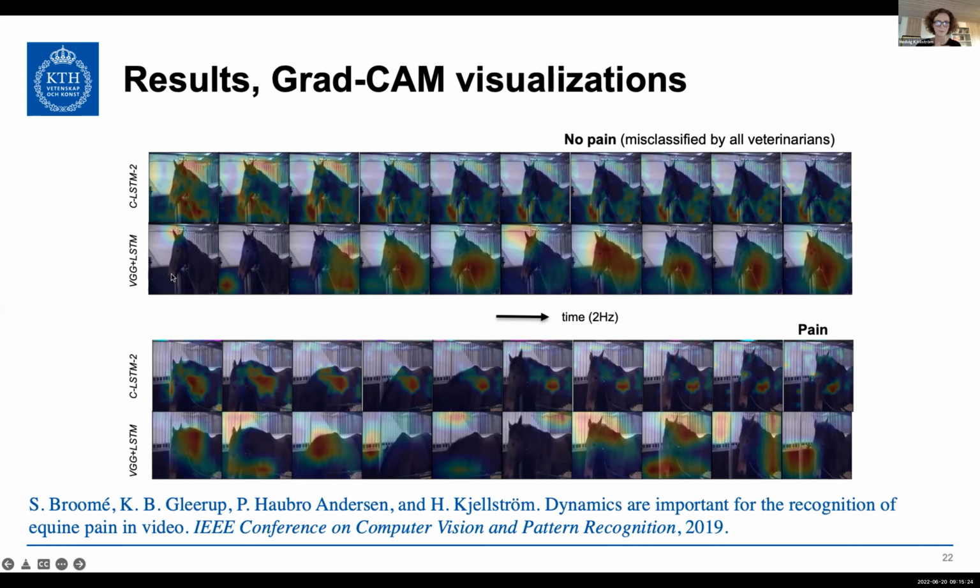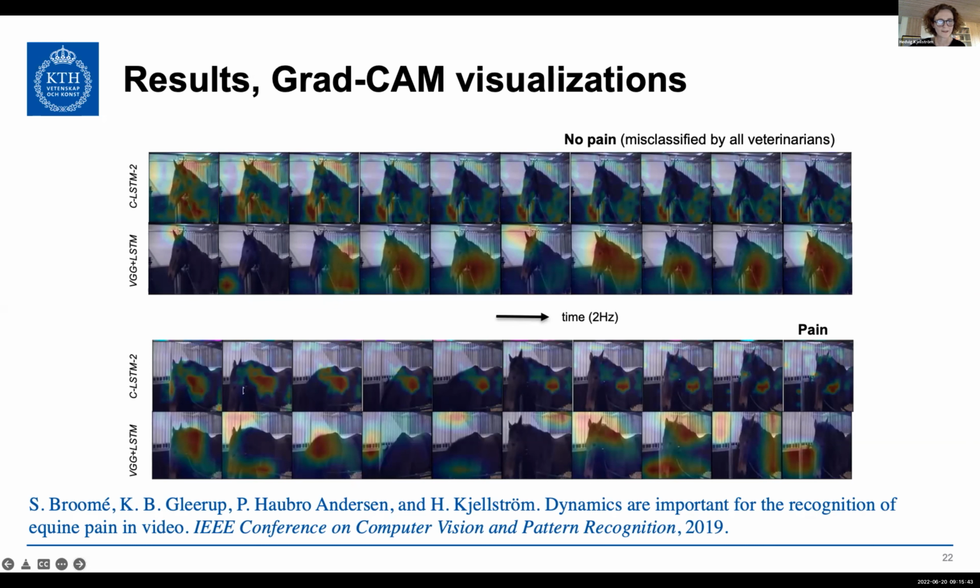while the network that first processed each frame and then had a LSTM jumps around. It looks up in the corner, on the ear, and then it looks in the corner, it looks on the neck. Yeah, it looks at many different places. And the same thing here.